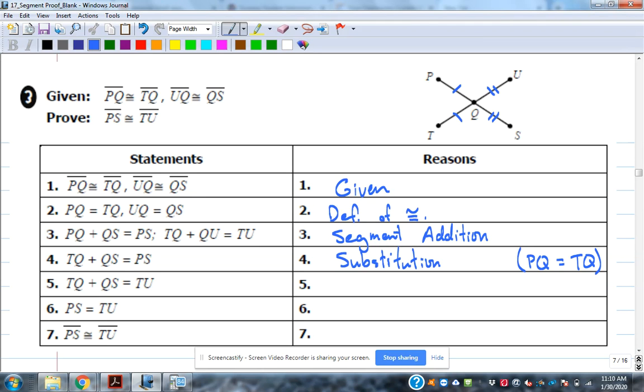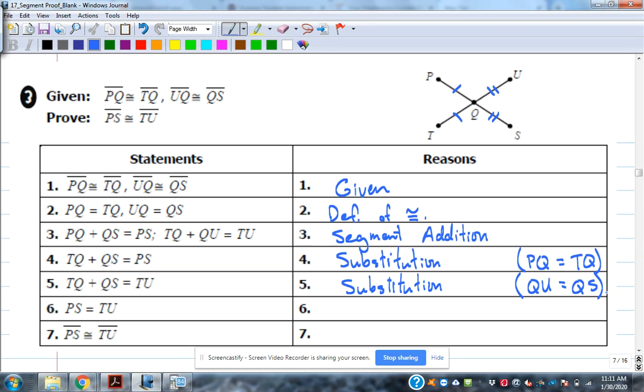Okay, and then number 5, you've got TQ plus QS is equal to TU. What else was equal to TU? These two added together. So it had TQ and QU, now it has TQ and QS. So what did they do there? They substituted again. And that was because QU was equal to QS.